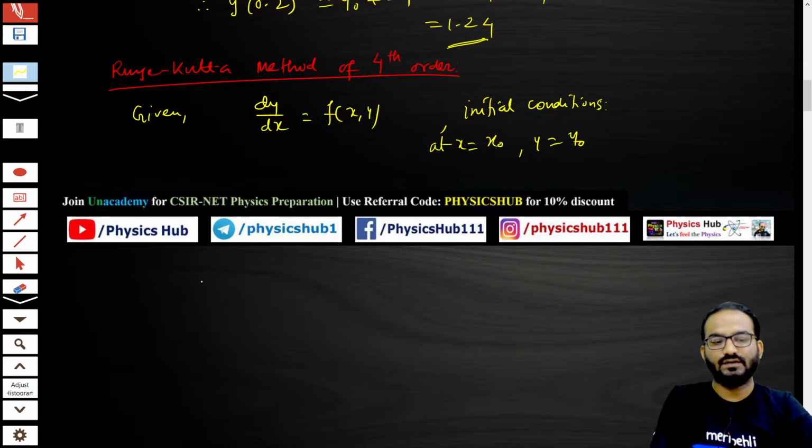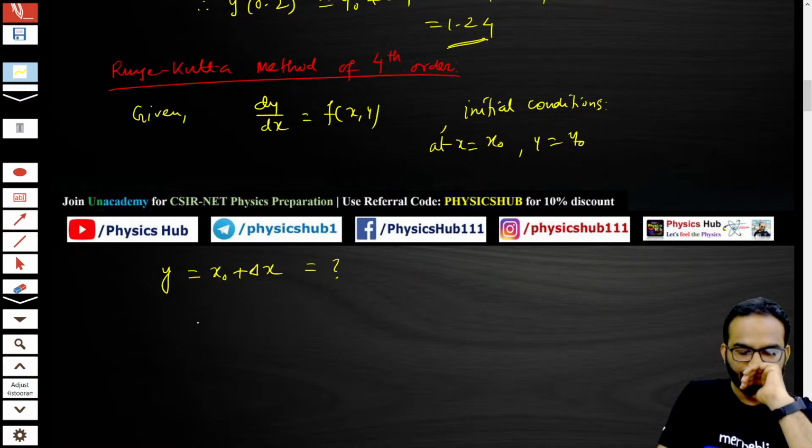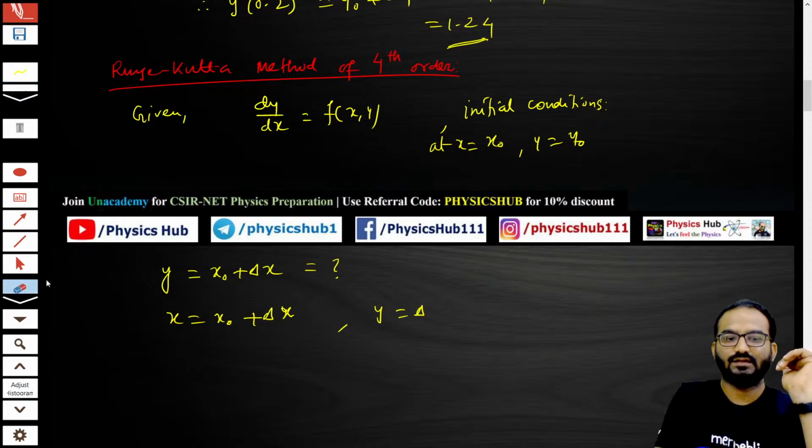Based on this, if I ask you to find the value of y at x naught plus delta x, that is what you have to find out. So here x equals x naught plus delta x, and similarly y will be y naught plus delta y.